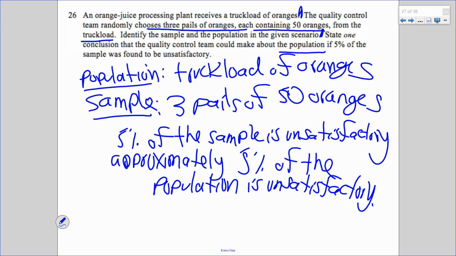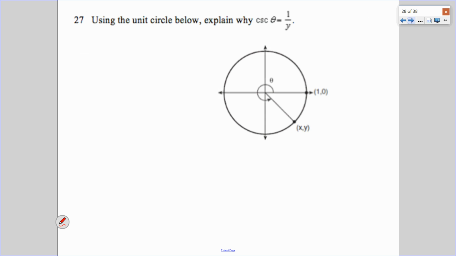That's why we choose a sample, so that the sample statistic will lead to a population characteristic. All right, what do we got next?